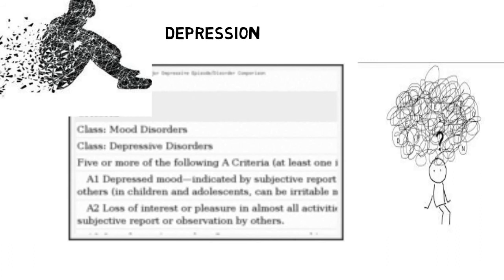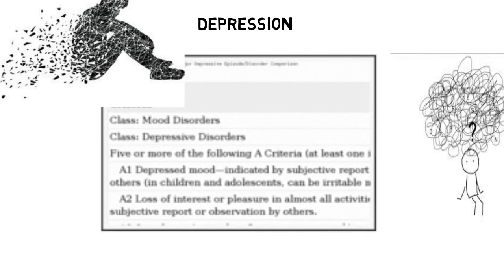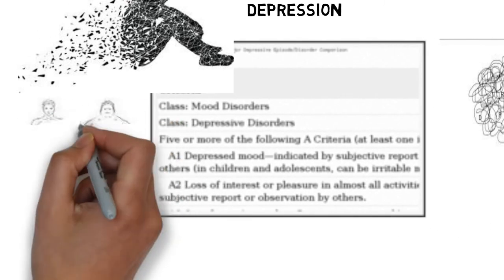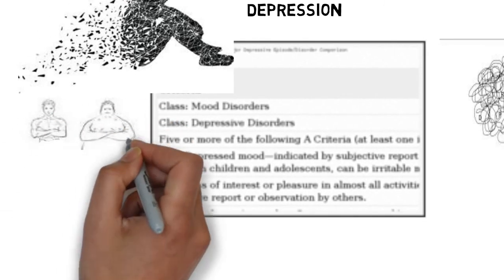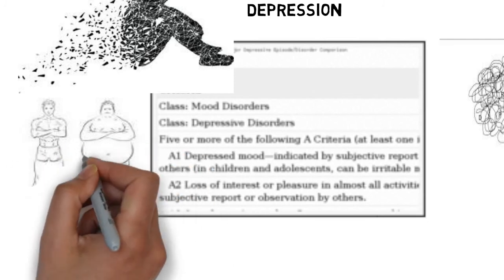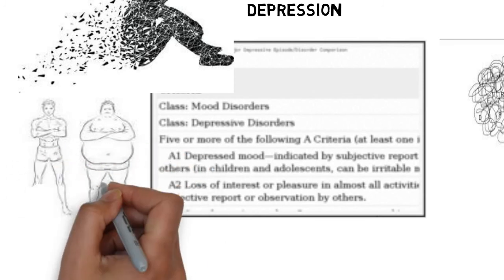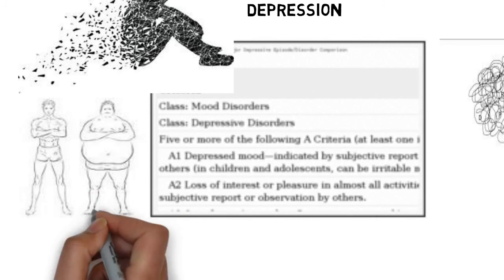First, they can show significant weight or appetite change. So you may completely lose your interest in eating and lose a lot of weight, or some people go on eating binges. So you might gain or lose a significant amount of weight over a short period of time. There are sleep disturbances, insomnia, which is having trouble sleeping, or hypersomnia, which is sleeping all the time.